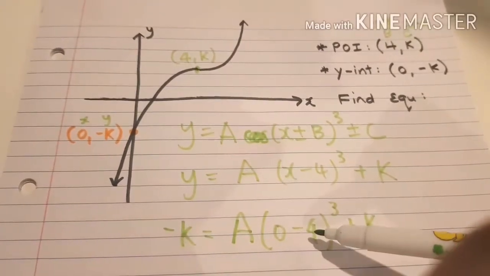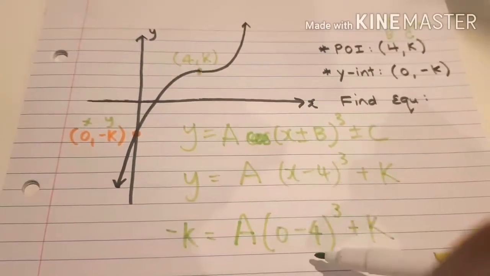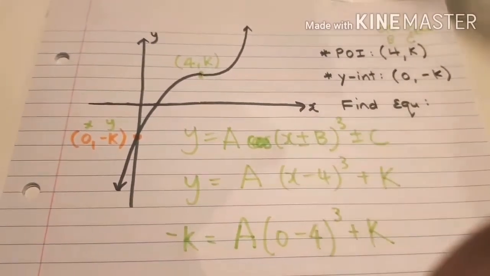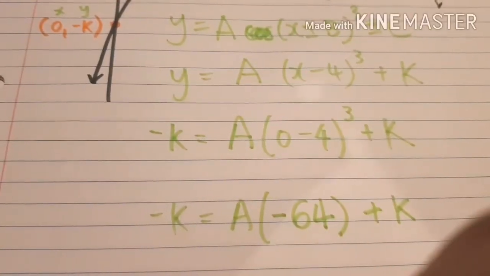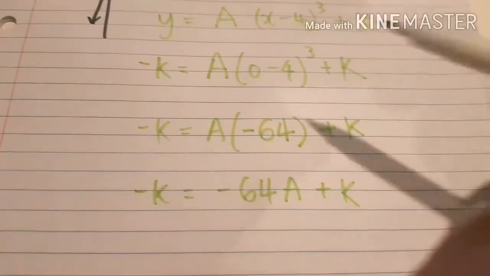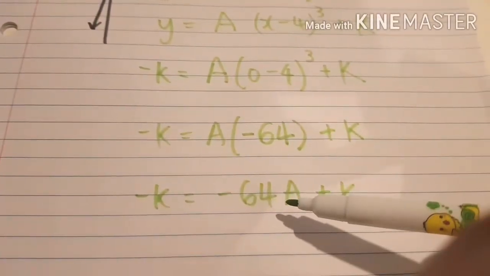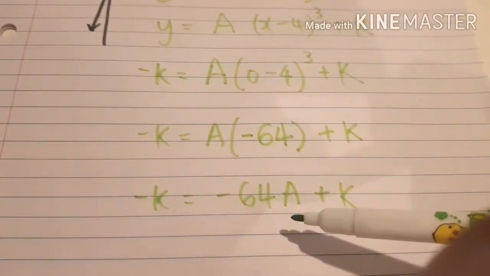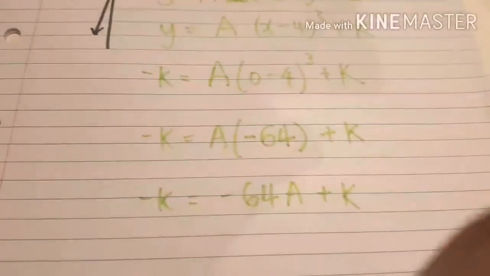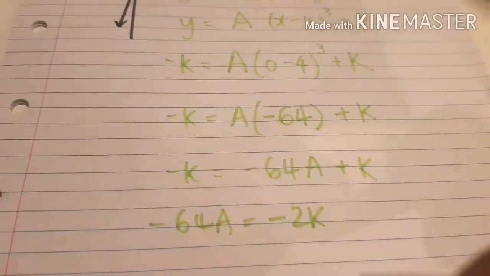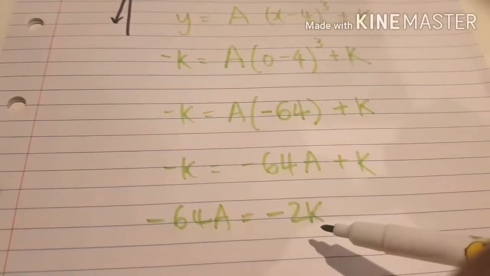So 0 minus 4 would be -4. -4 to the power of 3 is, you always have to do what's in the bracket first, it's -64. So I can rewrite this like this, because those two are multiplication. I need to find out the A. So I'm going to send the K to the other side, which would make it -2K.